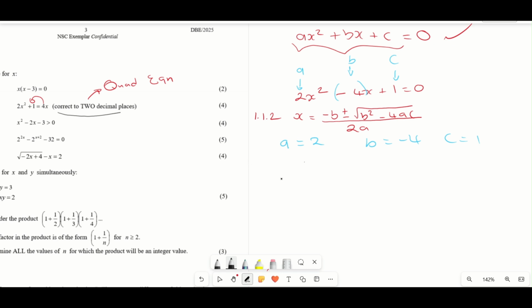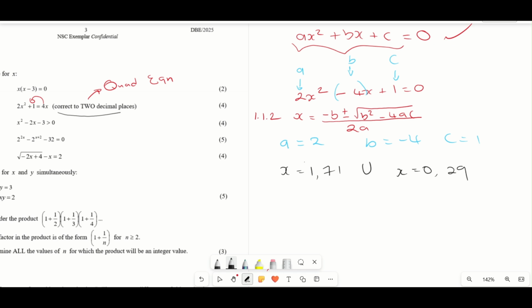So my first x value is 1.71. Remember, you're rounding off to 2 decimal places. Or my second x value will be, if I put a negative, I will get 0.29, right?